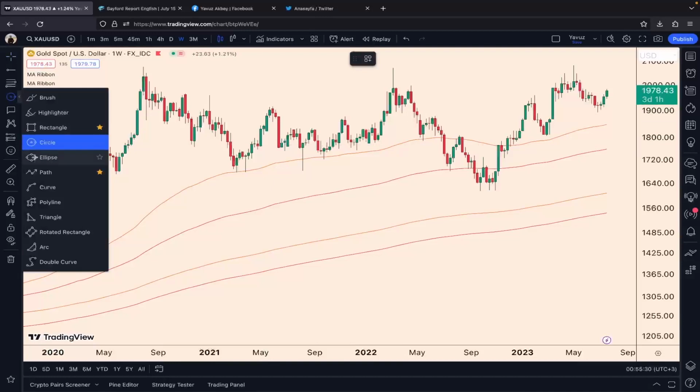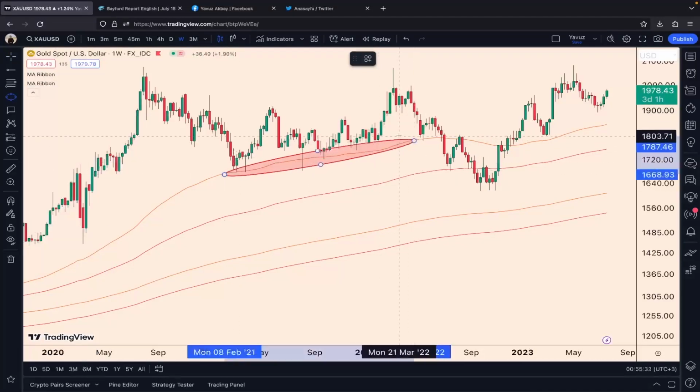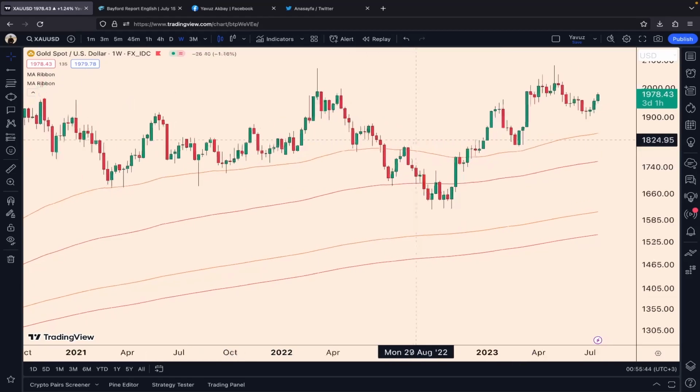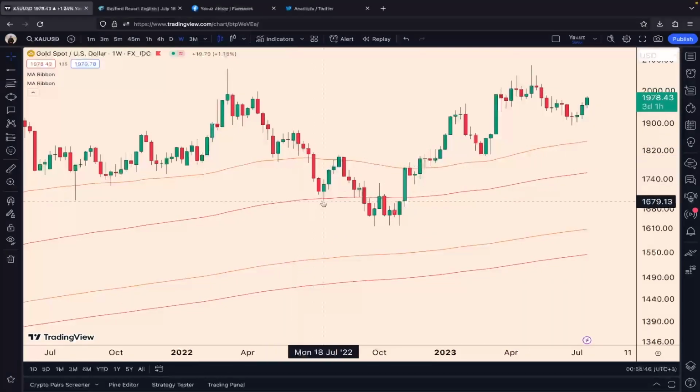gold has always been over that zone. Especially EMA 50 was a so key level to buy. Then it became EMA 100, where you could buy here and sell there.